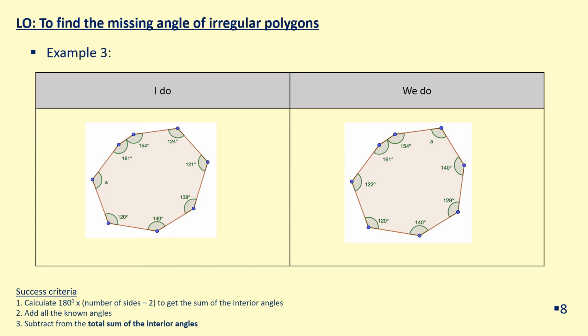Okay, so here's another I do. Well, this looks a good challenge. So let's just help us visually, just to make sense of why we're doing what we're doing with these irregular polygons. Let's practice splitting it into triangles.